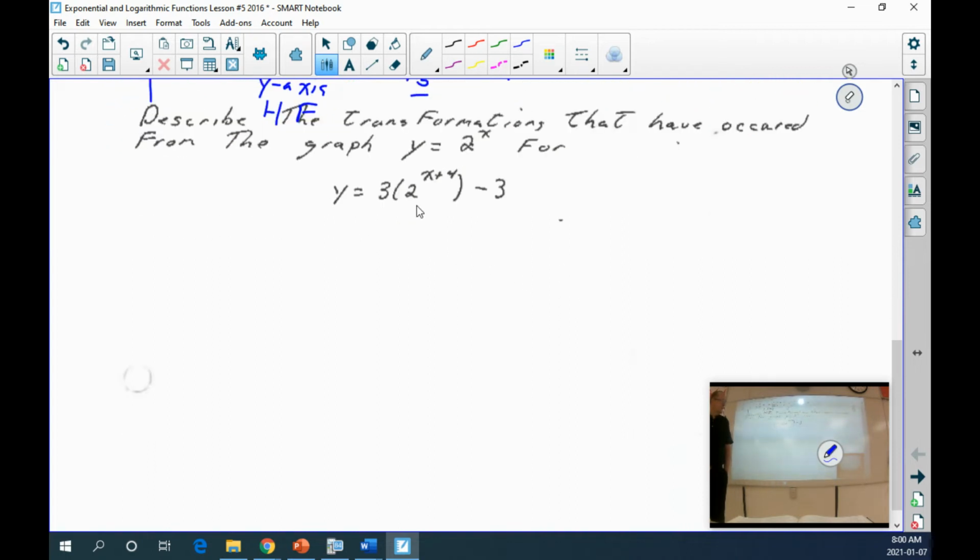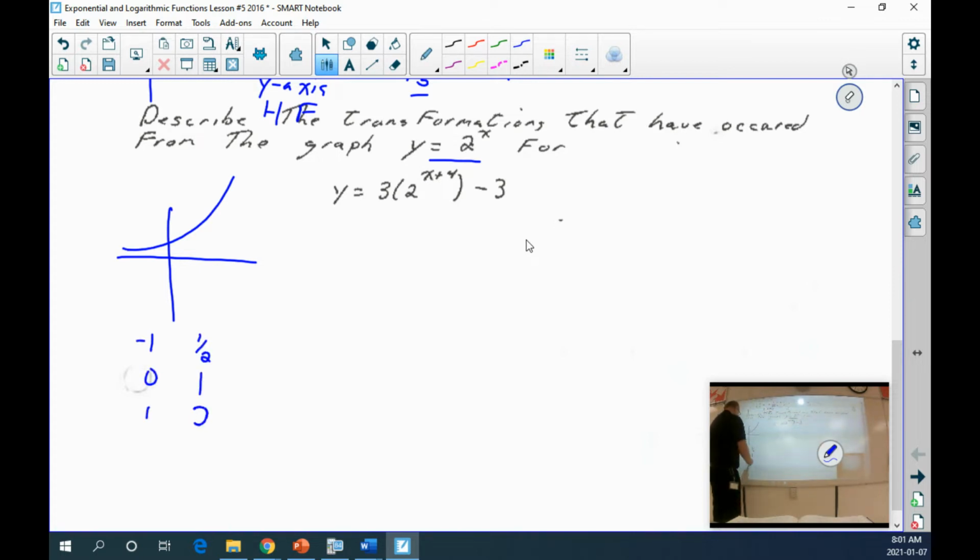So we have an exponential function here. We can use our understanding of this graph, which we know to look like this, and we could plot in some points if we wanted. We would have (-1, 1/2), (0, 1), (1, 2), (2, 4).